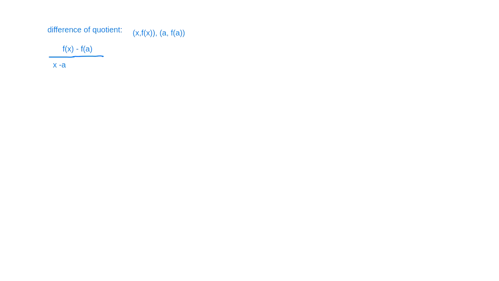That's exactly this. If we call this one x1, y1, and this one x2, y2. Remember how we find the slope? We use y2 minus y1 divided by x2 minus x1, and we call this whole thing the difference quotient.